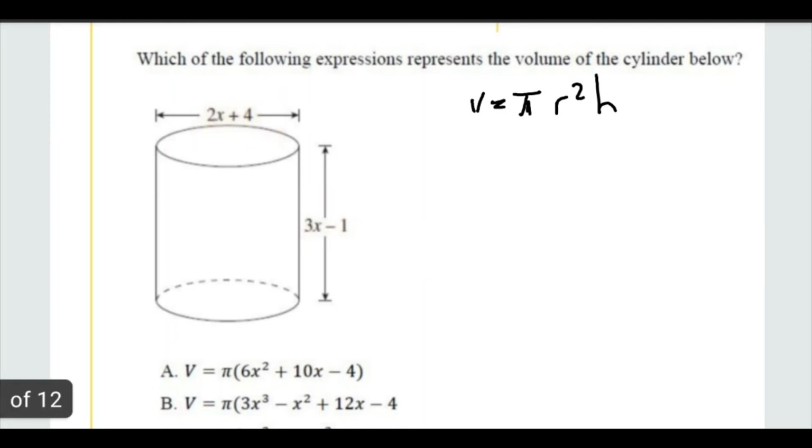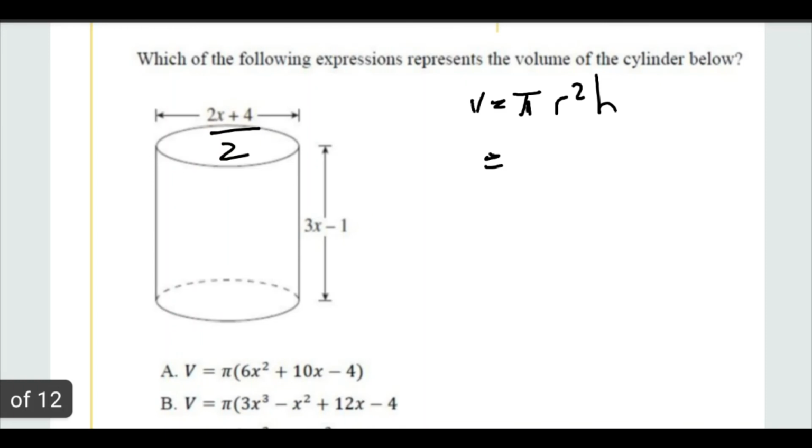So let's work that out and see what we'll get. Let me just leave out the pi so that we can work comfortably. We know that pi is multiplying this, right? At the end I will multiply by pi. So the radius would be half of this, because we know 2x plus 4 is the diameter. So we have to divide that by 2.